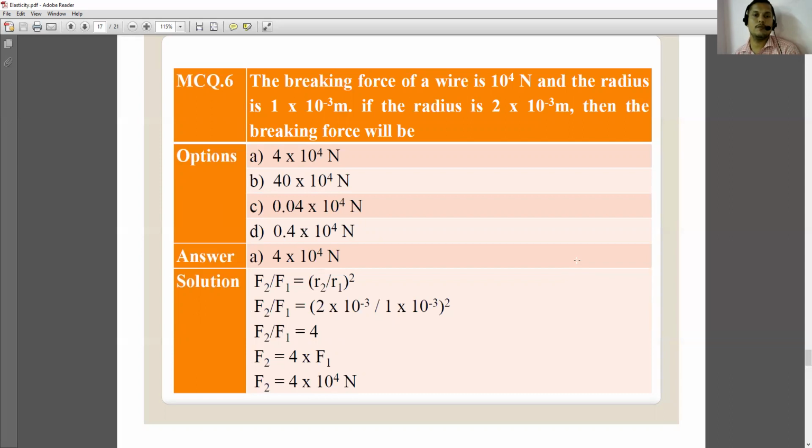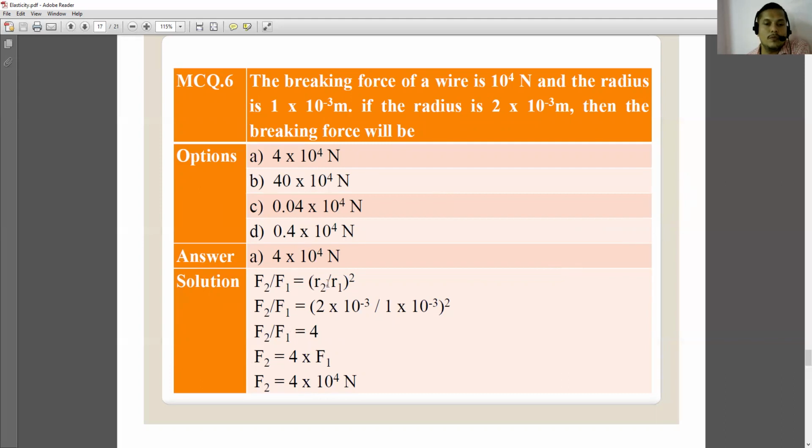We have to determine the braking force if the radius is twice.